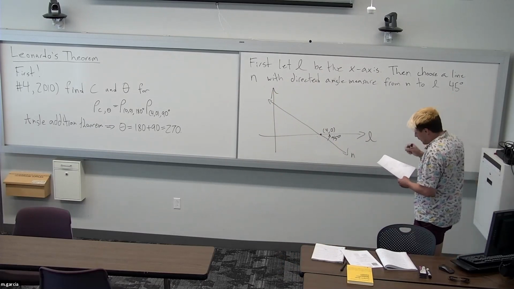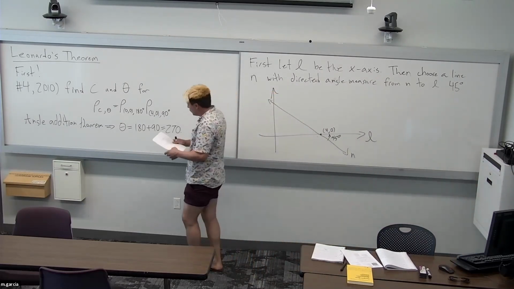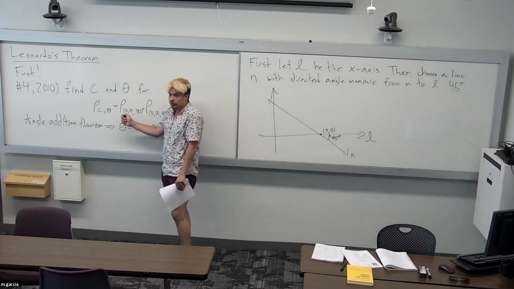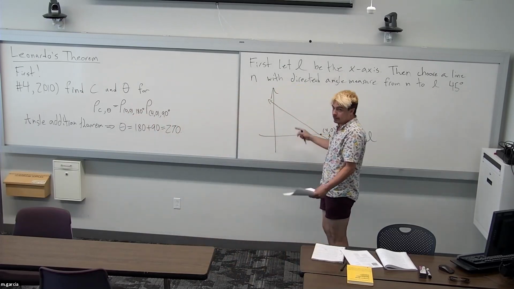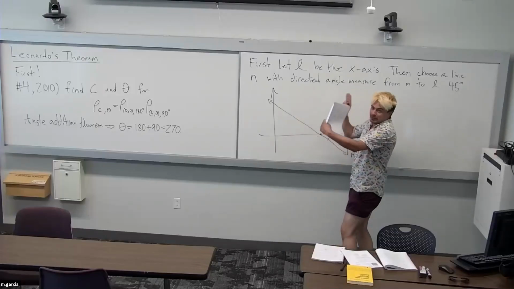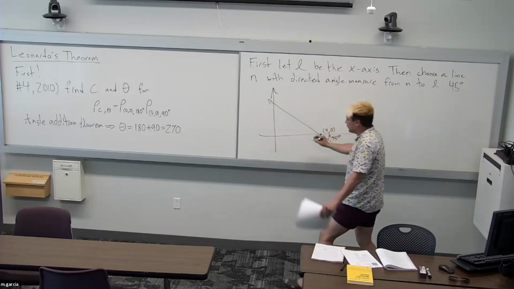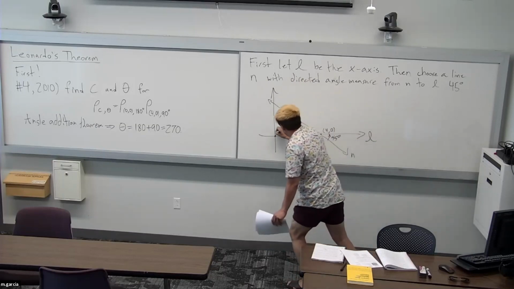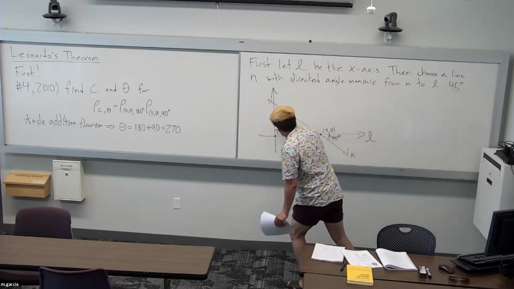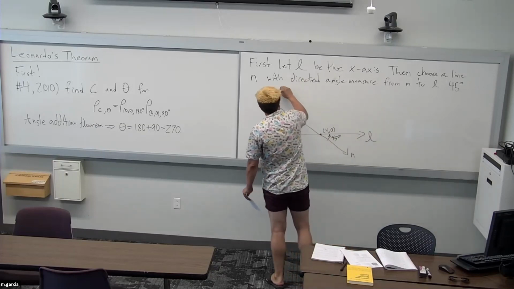And then, furthermore, we want to choose a line that goes through 0, 0, that has directed angle measure 90 degrees from L to M, right? Because we'll eliminate the L's on the inside. So what's the best choice for that? Well, that's just the y-axis. It has an angle measure of 90 degrees, and it passes through the point 0, 0. So we'll let this be M.